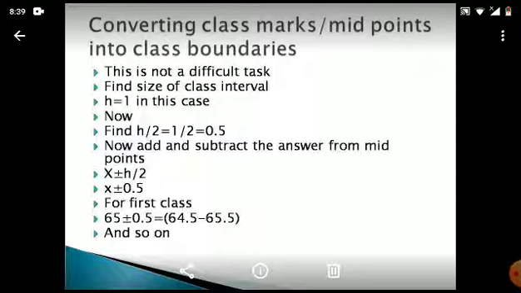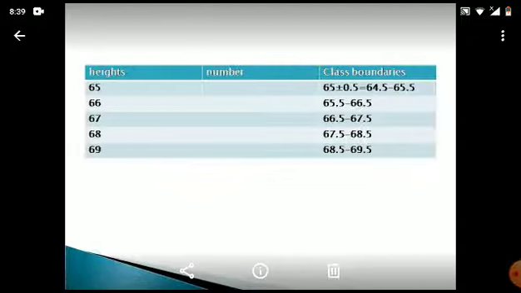Again repeating the procedure, find the height, divide the height by 2 and whatever you get, add it to your midpoint and then subtract it from the midpoint. You will get two values. The smaller will be the lower class boundary and the larger will be the upper class boundary. Repeat the procedure for all classes and you will get your class boundaries for all your classes.